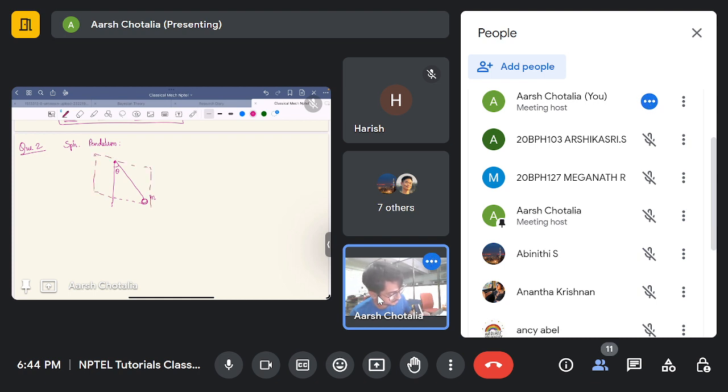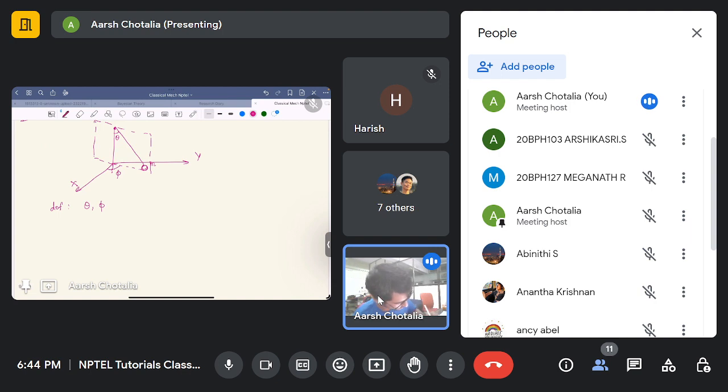On that plane, let's say this is the x-axis and this is the y-axis, then that could be at any angle phi. So the degrees of freedom are theta and phi. The rod is massless, of some length L.